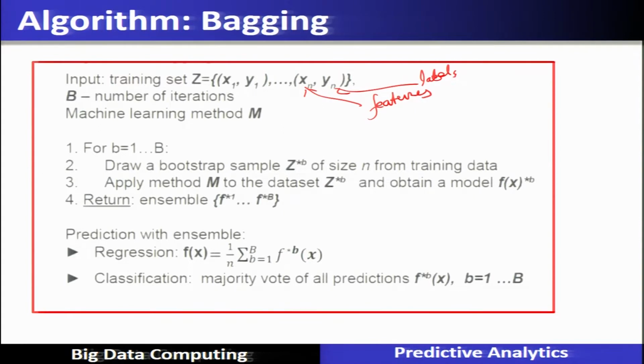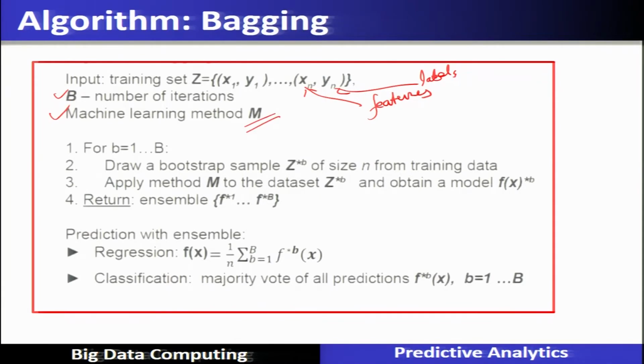So, the training set is given as input, and another input which is also required in the bagging algorithm is the number of iterations. Let us say it is B, and we also require one machine learning algorithm, let us say it is M.